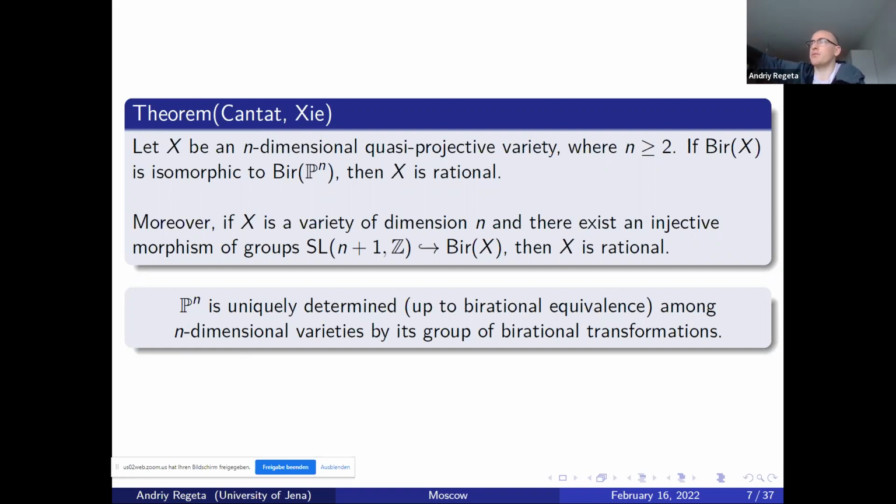And secondly, if we take two rational varieties, then they have the same group of birational transformations. So basically, you cannot distinguish two non-isomorphic rational varieties by their groups of birational transformations. Therefore, if we want to determine the variety up to isomorphism, we have to go to regular automorphisms.